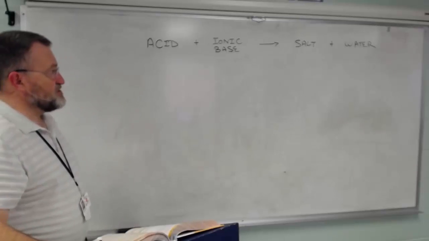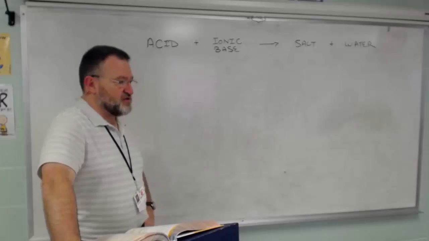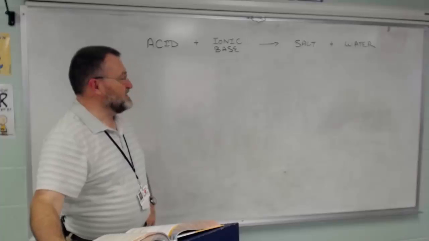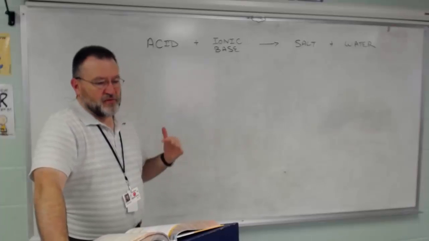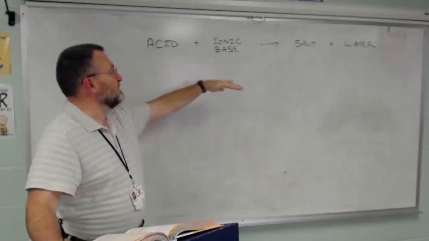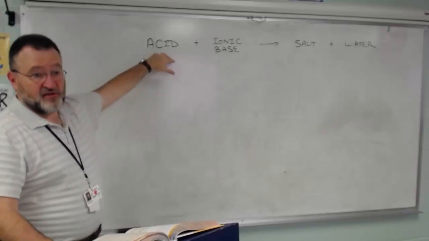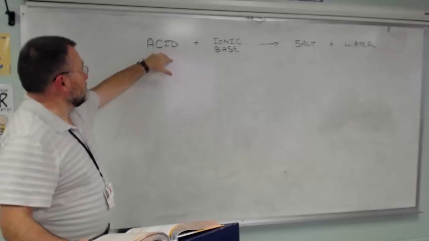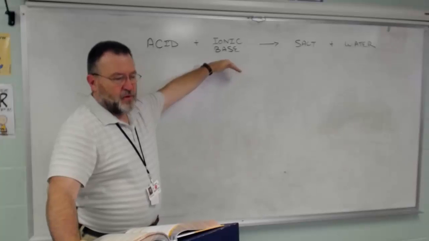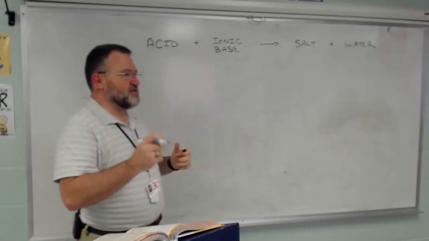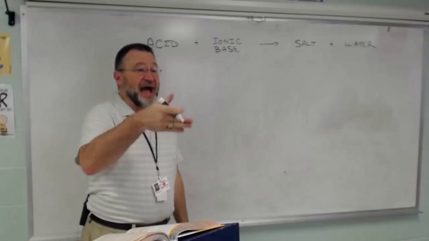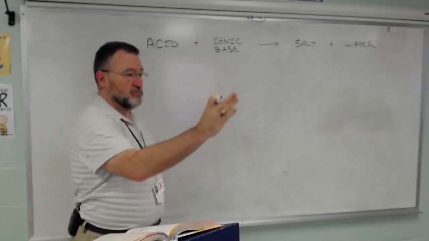Just as during yesterday's mock quiz, I say mock quiz because you took it as a quiz but kept it, this idea that if you look at a reaction, right now we're moving from what are the reactants to what do you expect to find as the products. And the first one we're going to deal with here is when you have an acid, again, it's going to be our covalent molecule, and an ionic base. For the context of this class, the vast majority, if not every time we're talking about an ionic base, what is going to be the ion that's part of this base that should trigger you?